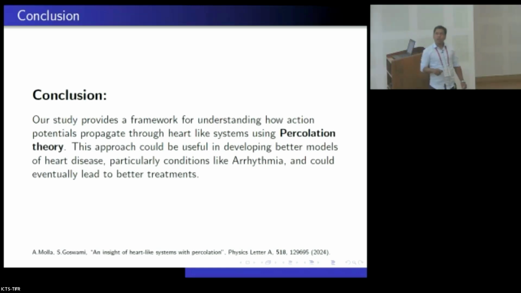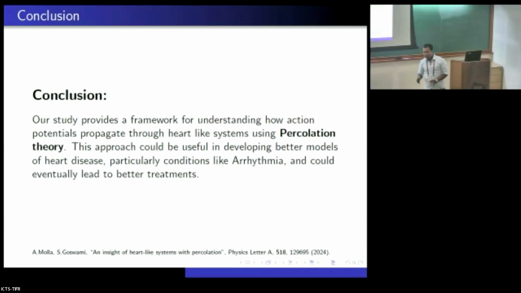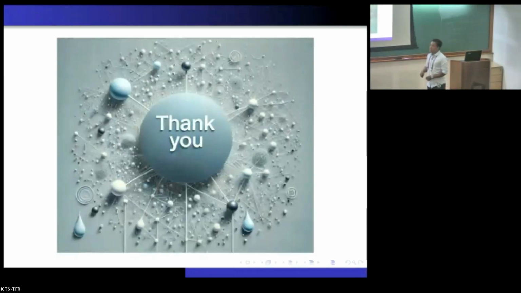In our model, it provides a better understanding of how the action potential moves through a heart-like system using percolation theory. And this approach may be very useful for developing better heart models, and maybe leads to some better treatments also. And thank you for your undivided attention.